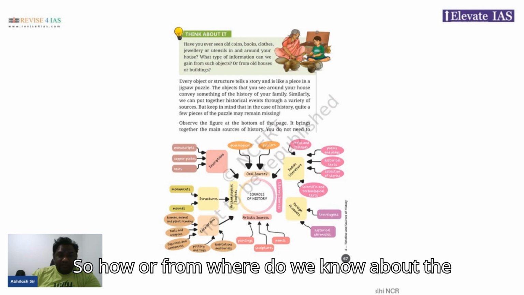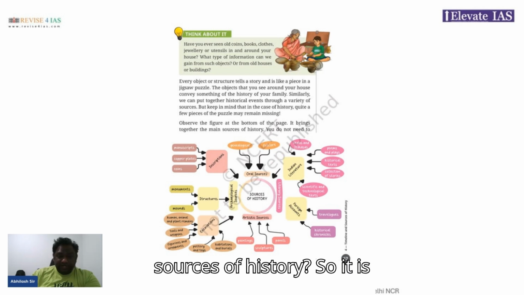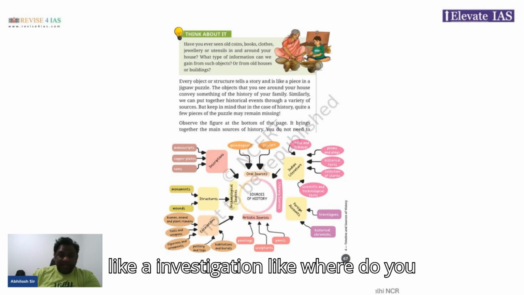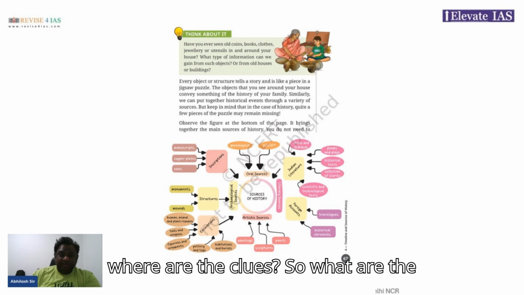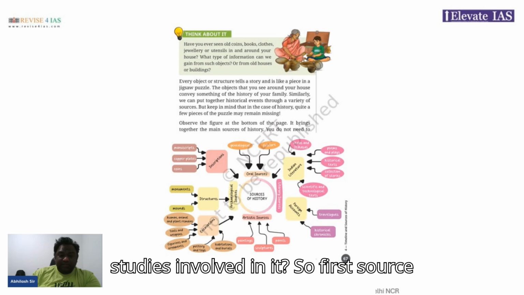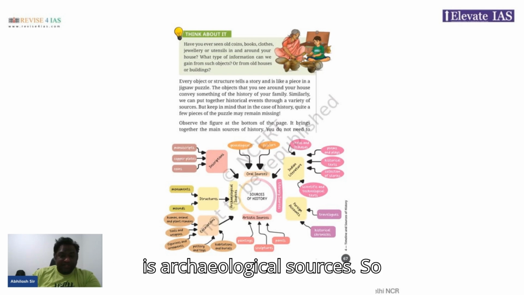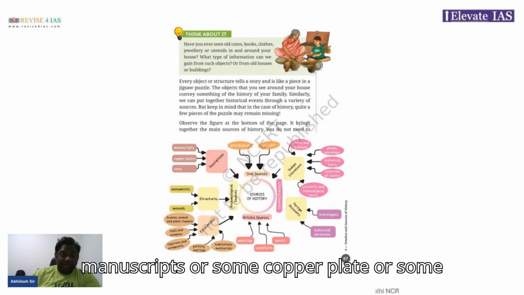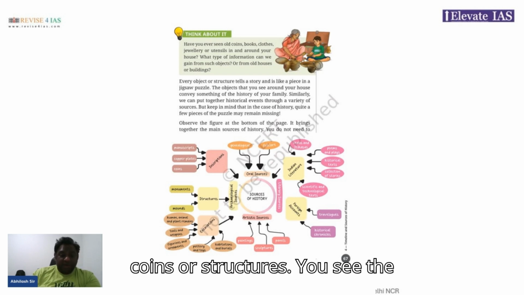So how, or from where, do we know about the sources of history? It is like an investigation, like where are the clues? So what are the studies involved in it? The first source is archaeological sources. Inscriptions, manuscripts, copper plates, coins or structures.